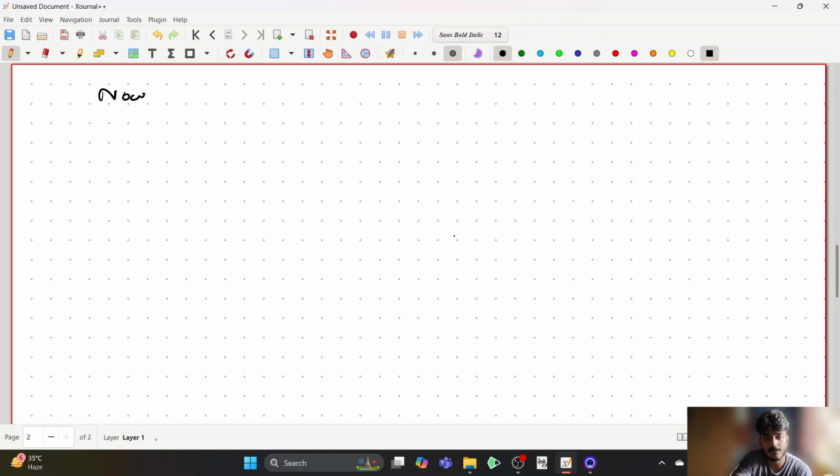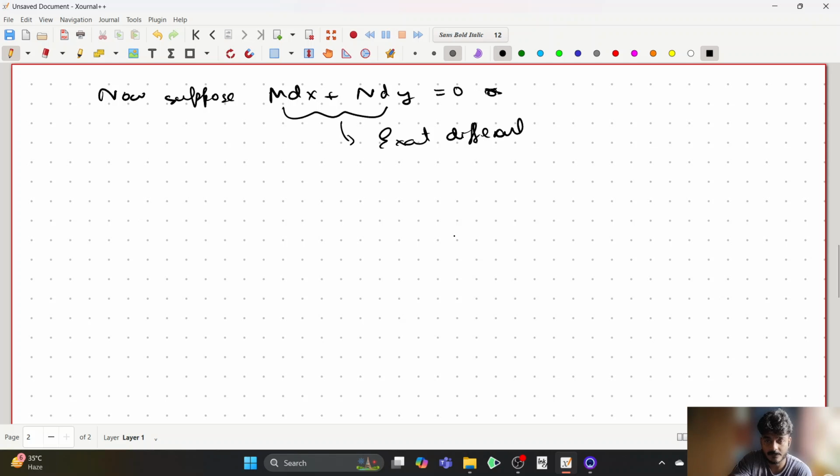Now suppose M dx plus N dy equals 0, where M and N are again two variable functions. You know that this is exact, or rather exact differentiable as per our definition. Then we know that there exists a C1 function such that this is the total differential of it. And in that case, we have d of f(x,y) to be 0, by definition for some C1 function.